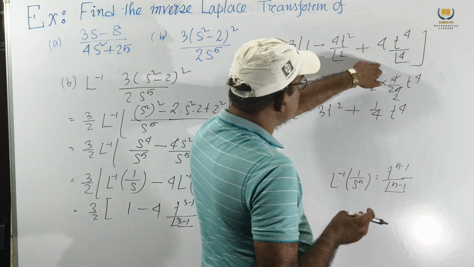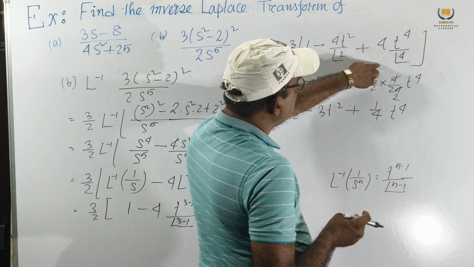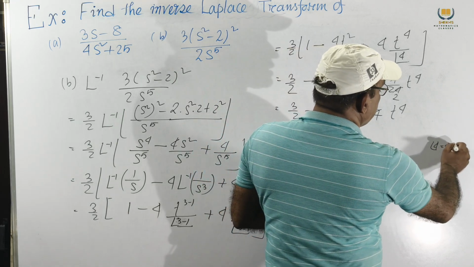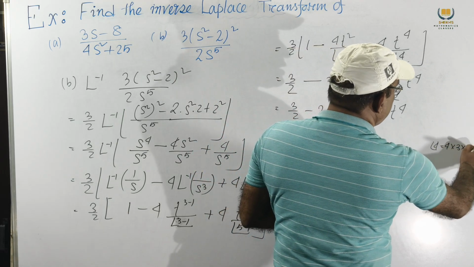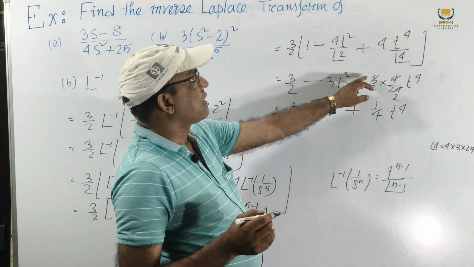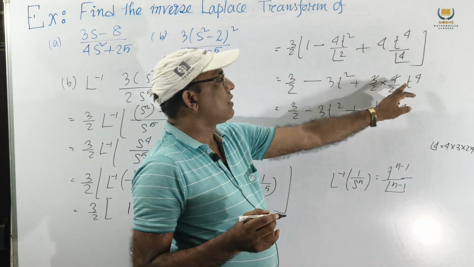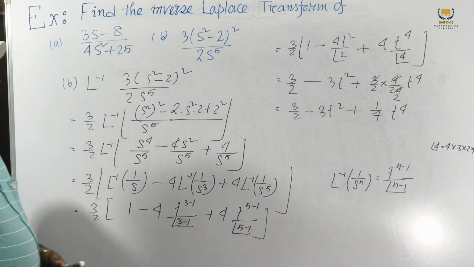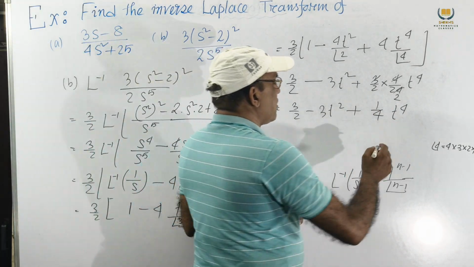Factorial 4 means 4 times 3 times 2 times 1, this is 24. If we cancel, this is 3 and 4 is 12, cancelling this we get this one. So this is our final answer.